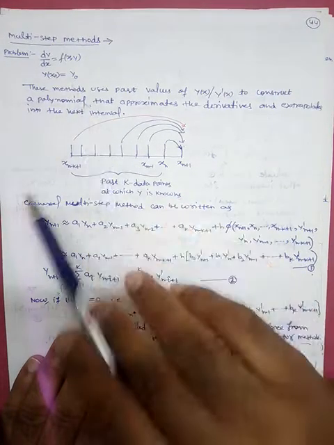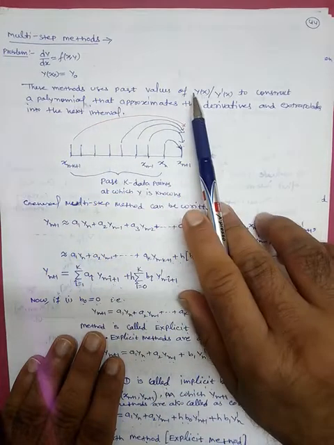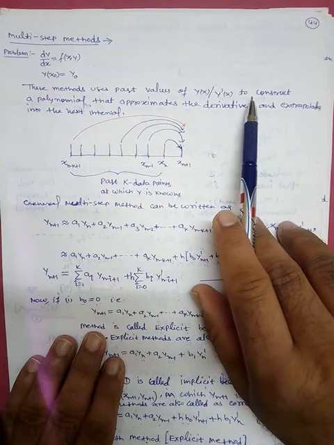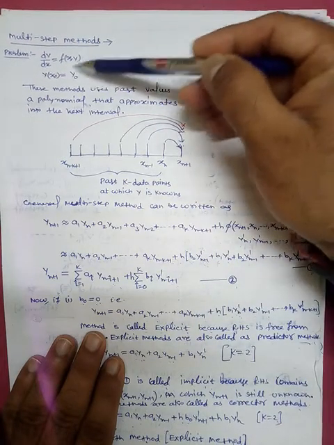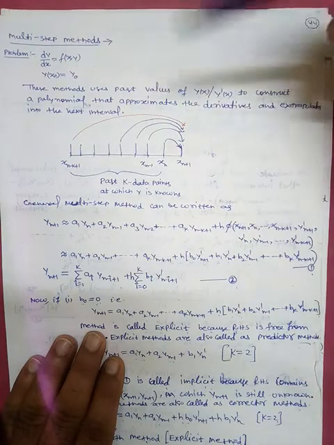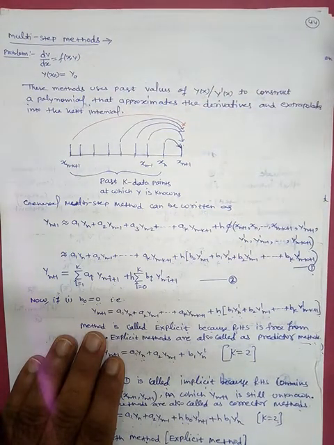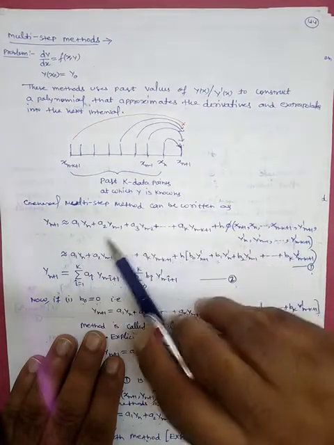So the meaning is that we will use the data in terms of y or y dash x to construct a polynomial. Basically we will approximate this function f of x, y with the help of interpolation.